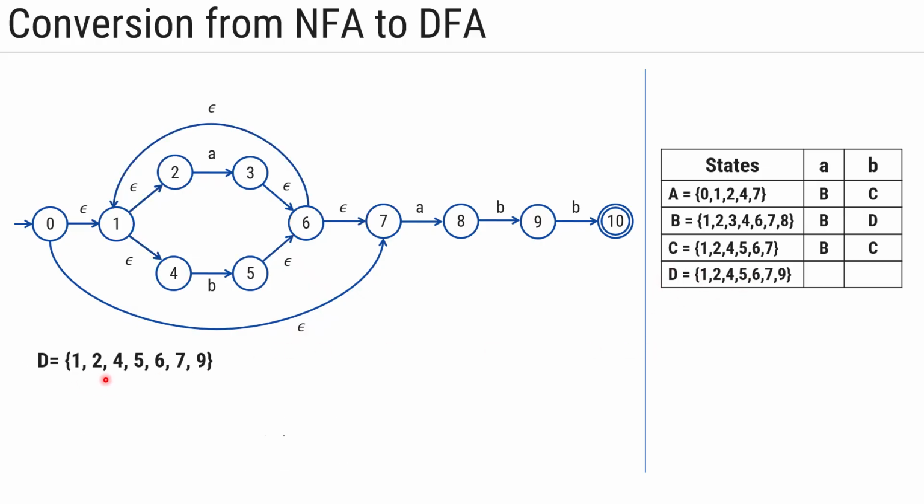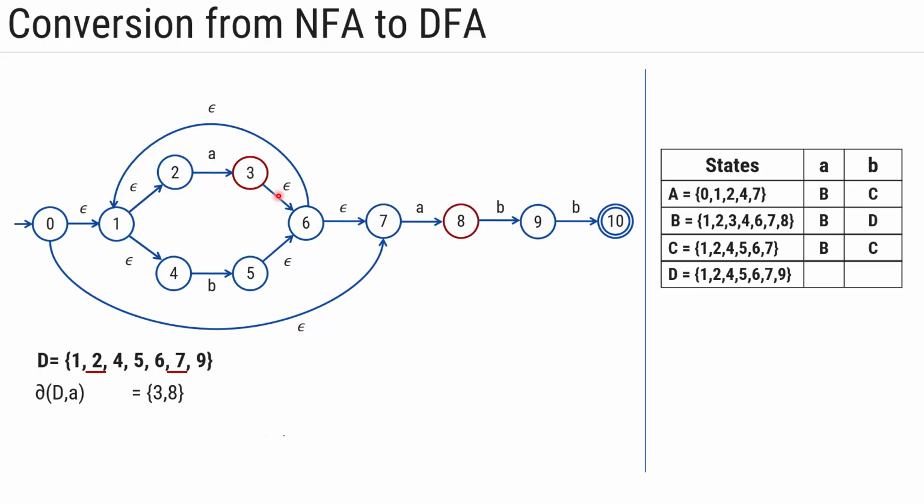I'll take capital D, delta of D comma small a. So here you will get the transition for input small a and small b. 2 and 7, 2 and 7, look at this, 3 comma 8, which is similar.